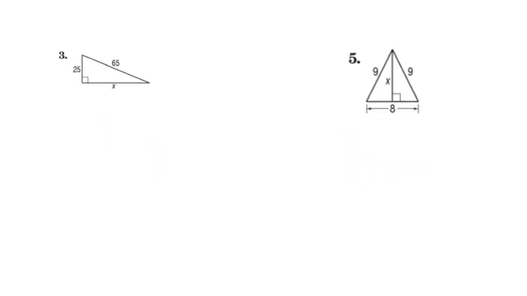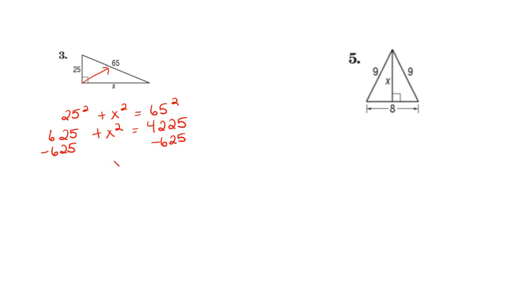Example number 3. 65 is my hypotenuse, so leg squared plus leg squared equals hypotenuse squared. 65 squared is 4,225. 25 squared is 625. I'm going to subtract 625 from both sides.